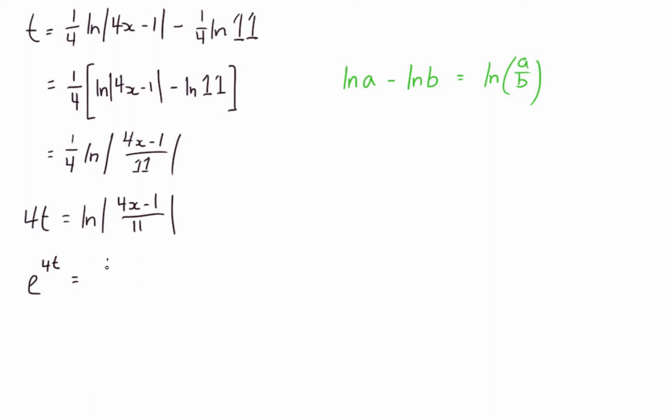Now remember, we've seen this previously, we could keep the absolute values here and do the positive or the negative version, but it works out the same either way, but definitely go and explore that yourself if you'd like. So multiplying both sides by 11.